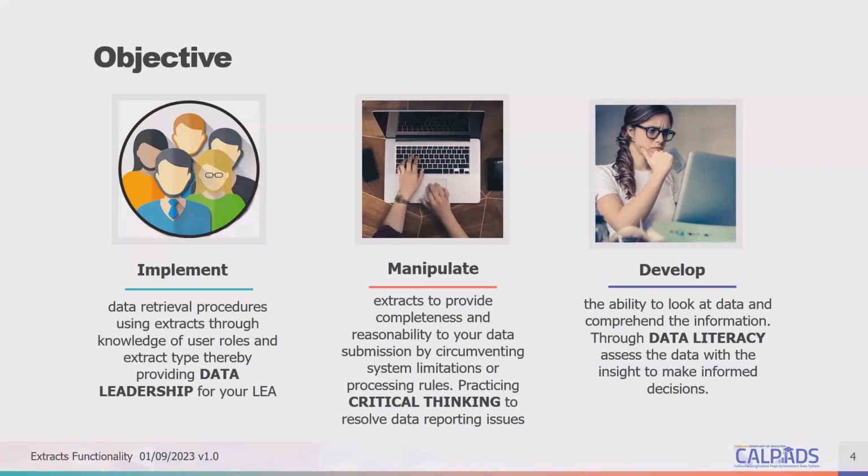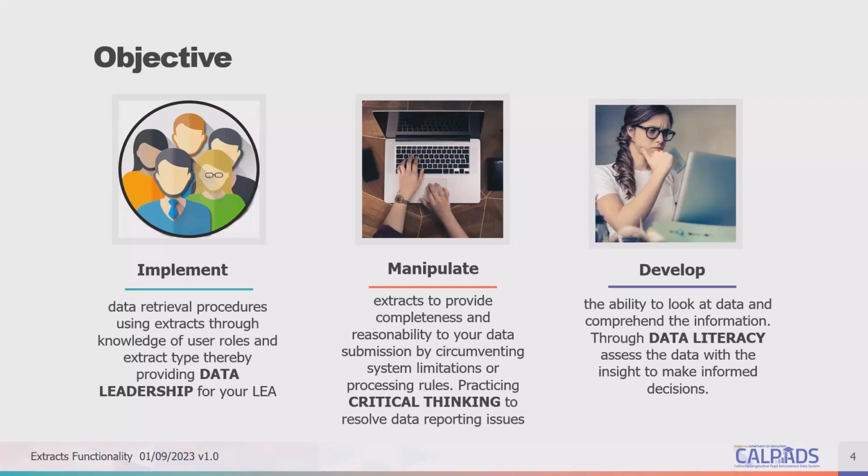So we have 3 objectives. The first is we'd like the learner to be able to implement data retrieval procedures using extracts through the knowledge of user roles and extract type, thereby providing data leadership for your LEA.